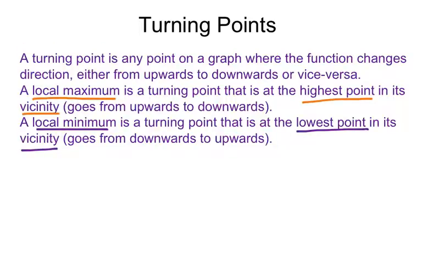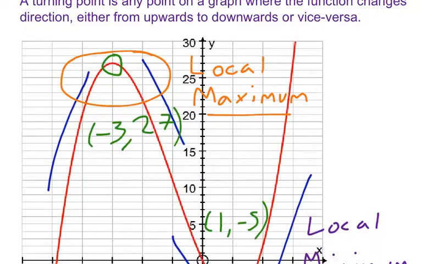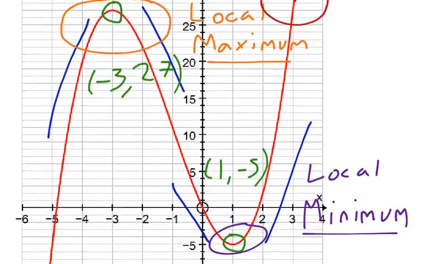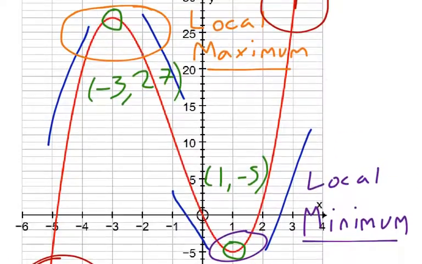The important thing to note, particularly when we look back at this example, is that the maximum is not necessarily the biggest value that the graph can take, because up here the graph carries on going up and up forever. Similarly, the minimum is not necessarily the smallest value, because again the graph can keep going down and down and down forever and ever. What is important is that within the local area it is the highest or lowest value that can be taken.